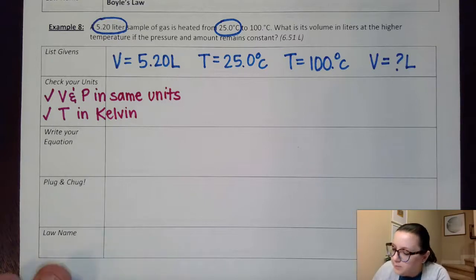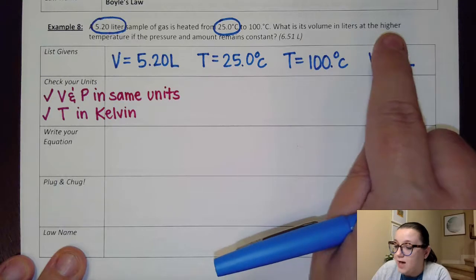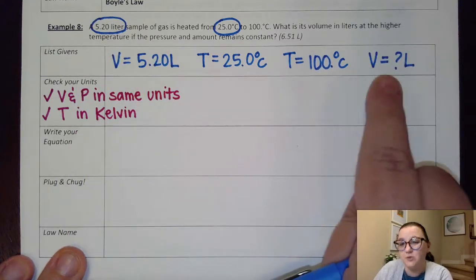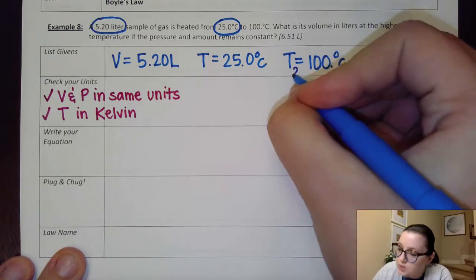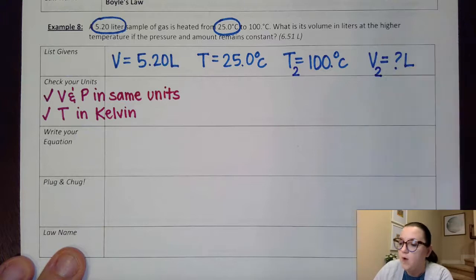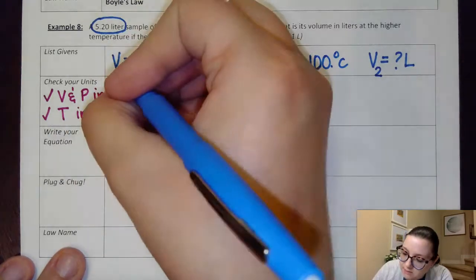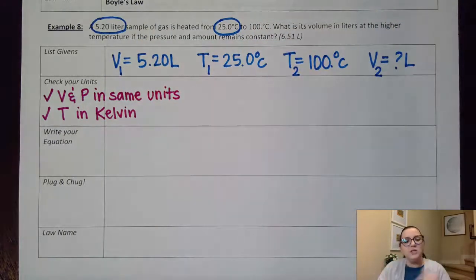The volume we're looking for is at the higher temperature, so this higher temperature needs to go along with that volume. I'm going to call that T2 and V2, whereas this volume and this temperature that go together, I'm going to call V1 and T1. You have to pay careful attention as to which variables go together.